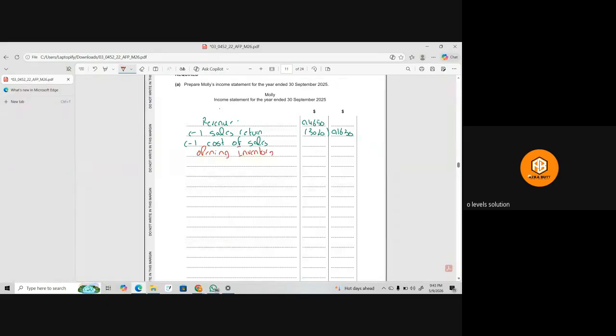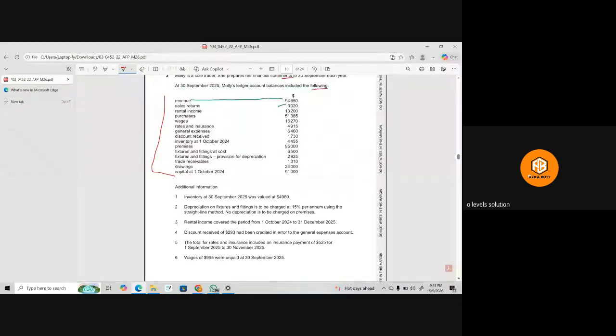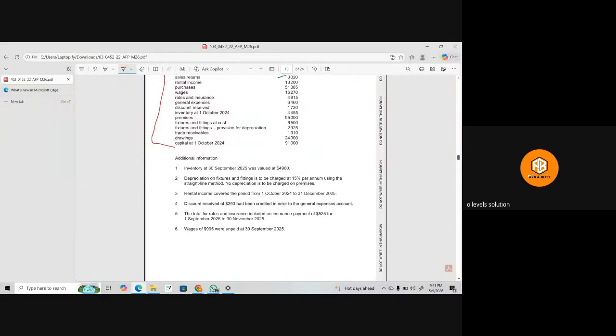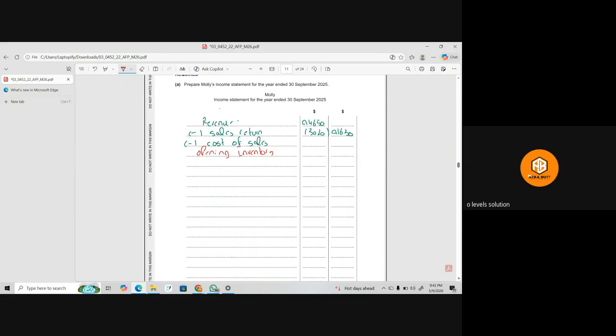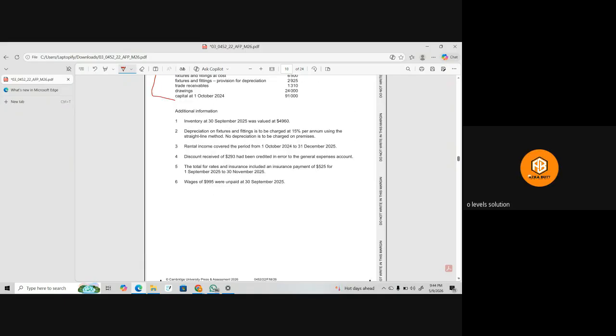Let's see, do we have the opening inventory? Yes, we have the opening inventory, which is 4,555. Then we need to add the purchases. Let's see, do we have the purchases?